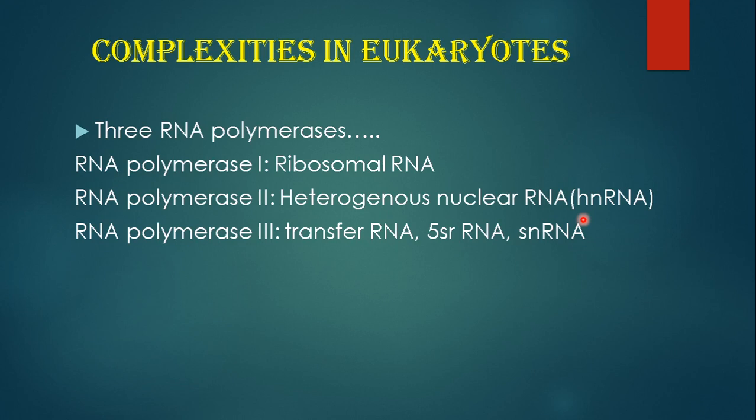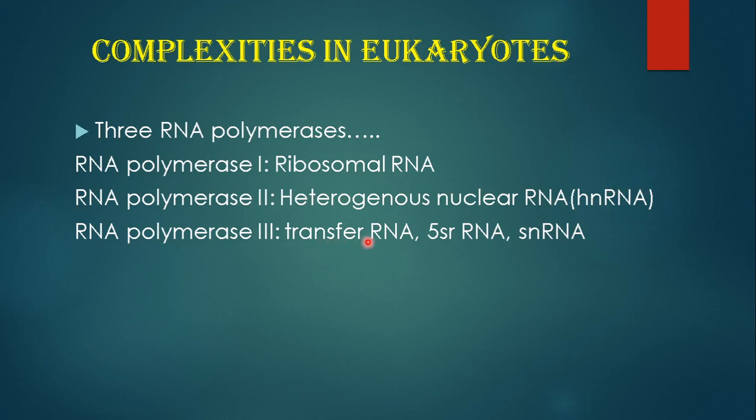But the cell requires only coding regions. So the hnRNA has to undergo some additional process so that finally it forms the messenger RNA. RNA polymerase 2 is responsible for formation of hnRNA, which later modifies to form the messenger RNA.